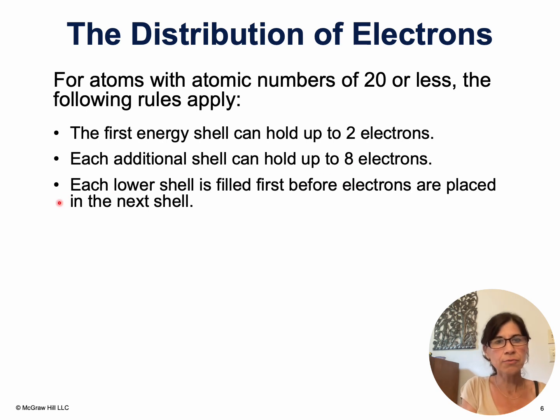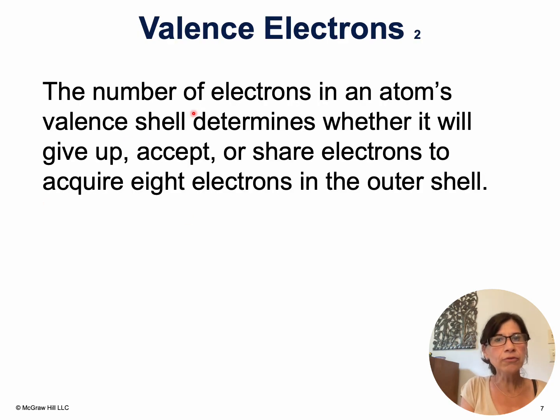And then this third rule says each lower shell is filled first before electrons are placed in the next shell. That's why we put 2 in the first, then 4 more in the next one. Those 4 for carbon are the outer electron shell, and we refer to those as the valence electrons.